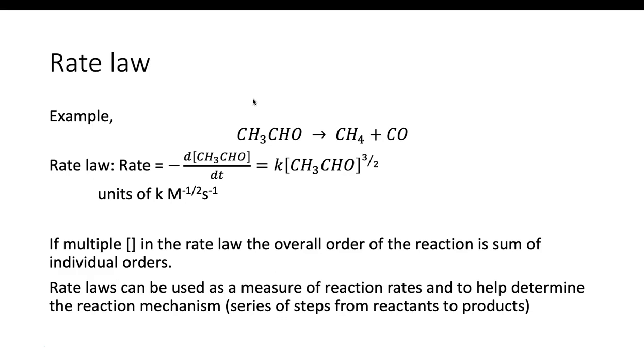In other words, you can't really understand the mechanism of a reaction without measuring its rate law. And a reaction mechanism, as you may or may not remember from organic chemistry, is just a series of steps from reactants to products, the process it goes through.